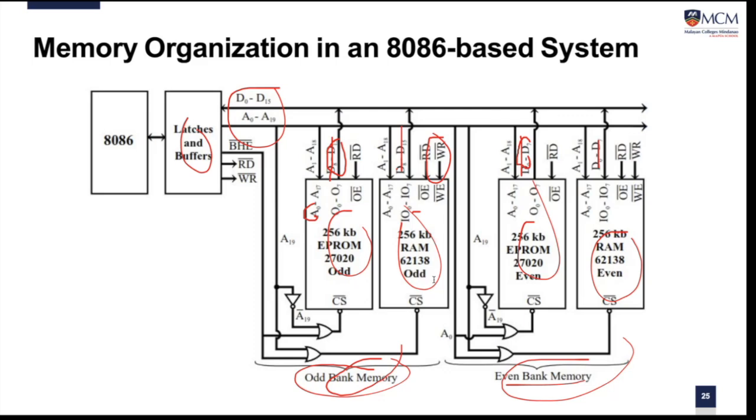We also have the BHE, which is the bus high enable. This selects the upper byte from D8 to D15 on the data bus for word operations. Okay, so that's pretty much it for the memory organization in an 8086-based system.